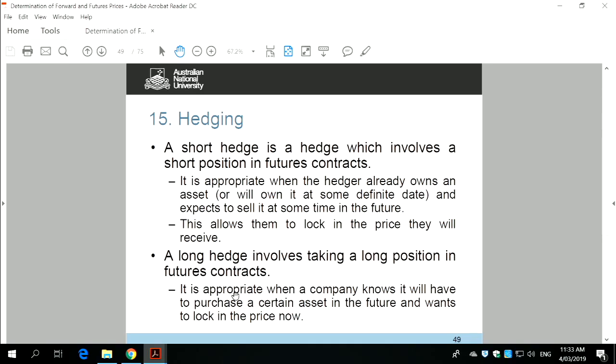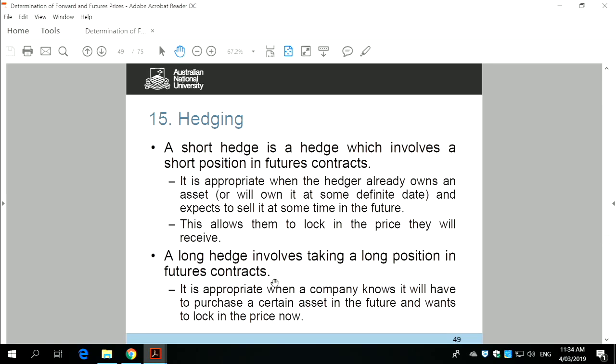A long hedge means that you're hedging with a long position in either a forward or futures contract. That is used by somebody who has the intention, or who has the demand, to acquire the underlying asset. Remember last week when we went through the example of the bitumen futures contract, we, as the construction company, needed to buy the bitumen in 10 months' time.